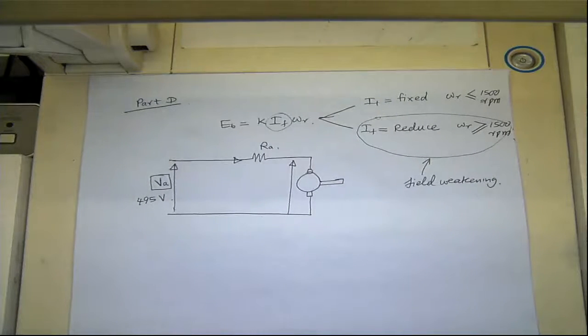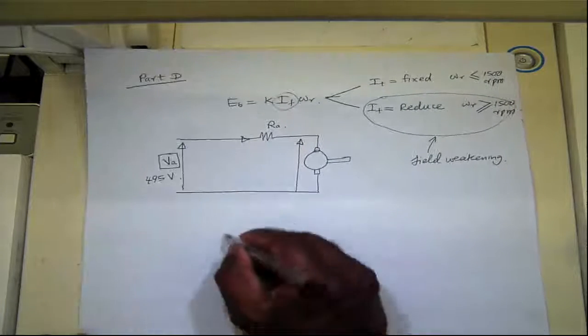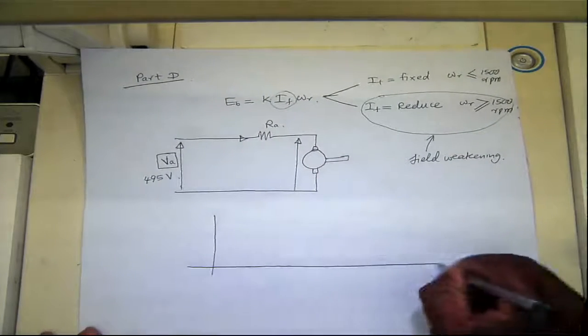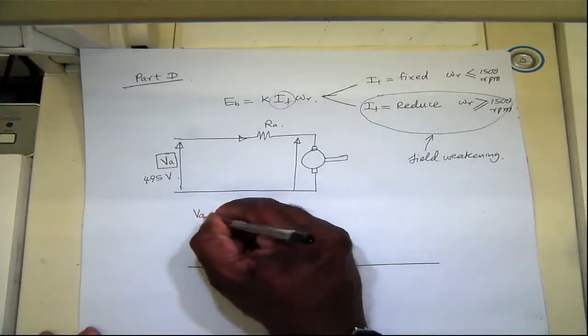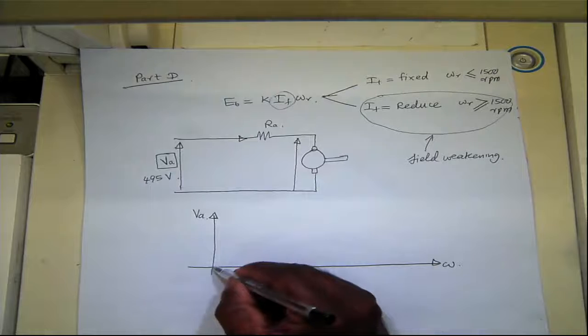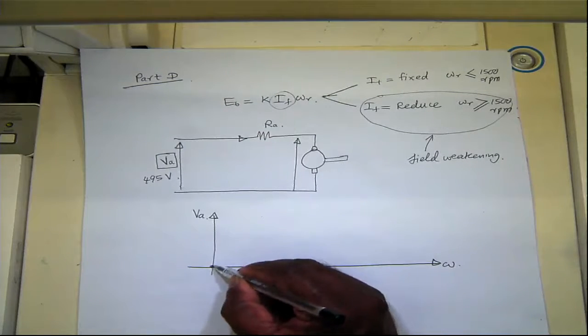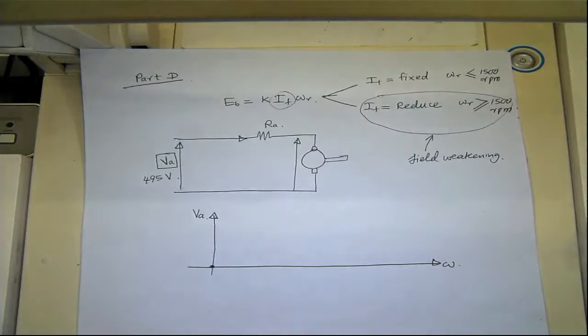So if we look at the voltage and speed, let's say this is the terminal voltage and speed. You are applying a certain voltage, and at zero speed you need very little voltage to supply the rated current.